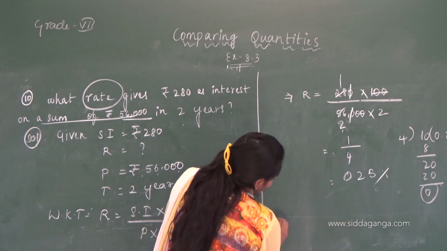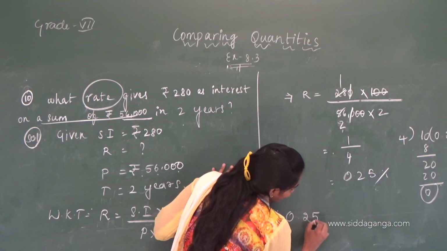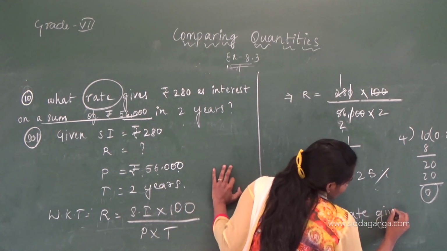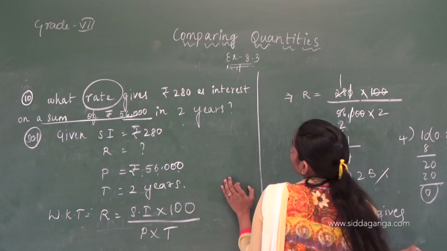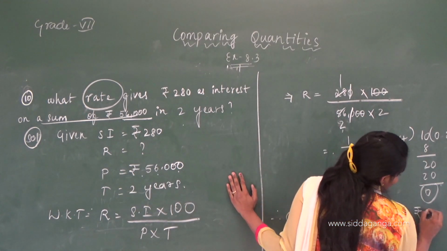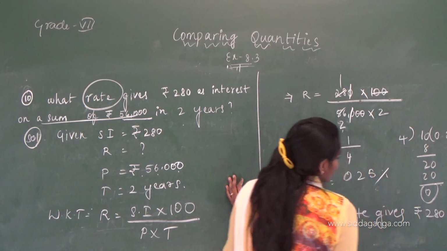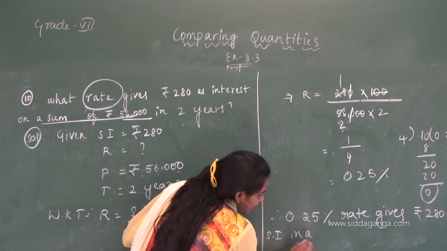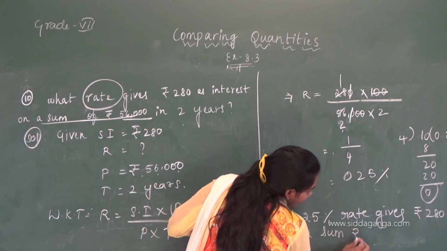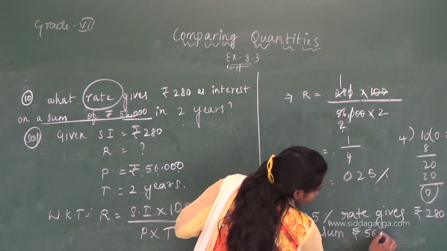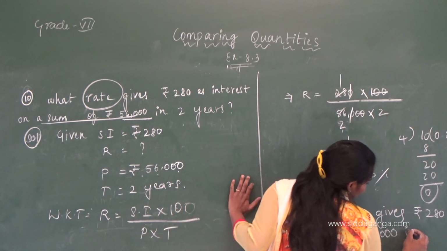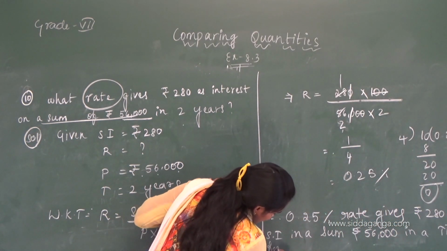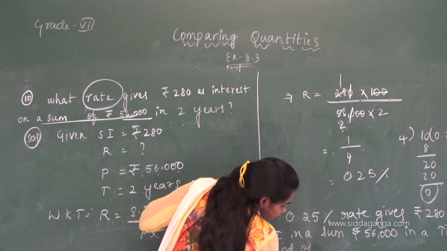Then you have to write, therefore, 0.25% rate gives rupees 280 as simple interest on a sum of rupees 56,000 in a time period of 2 years.